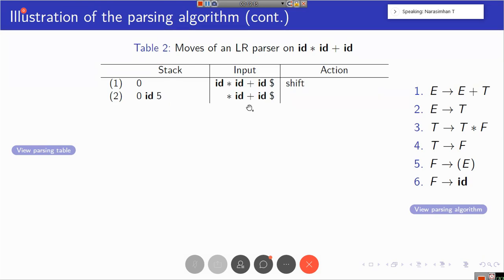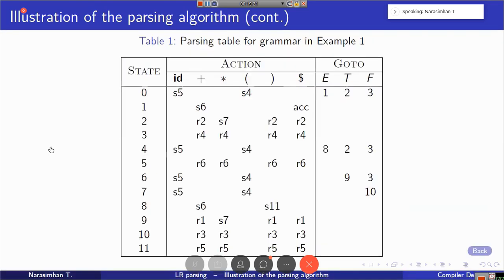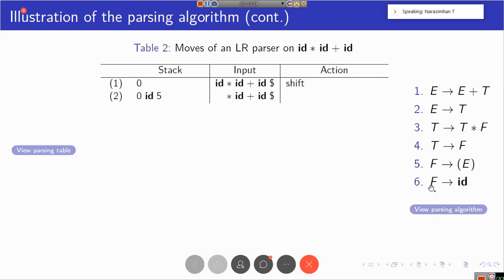Next, what you need to check is the combination 5 and star. What does that 5 and star say? R6, right? What does the R6 denote? You need to perform reduction operation using the 6th production rule. Okay, what is the 6th production rule? F gives ID is the 6th production rule.